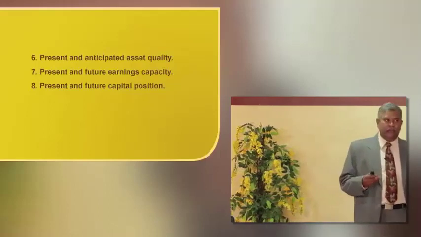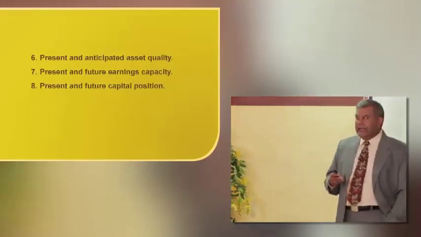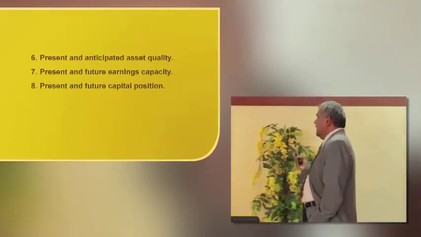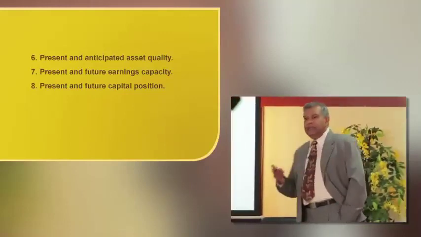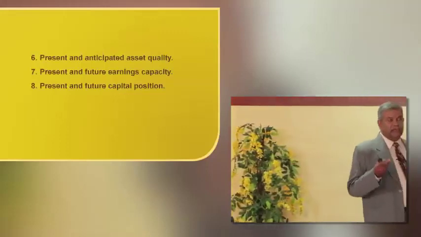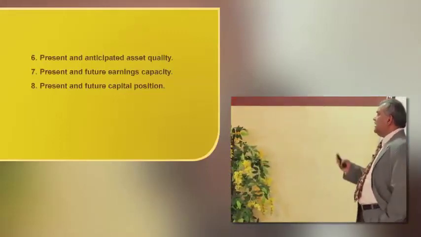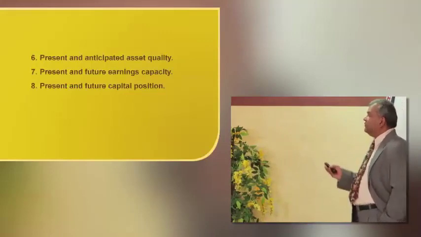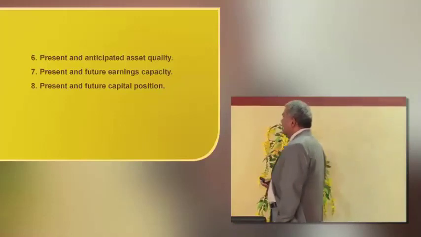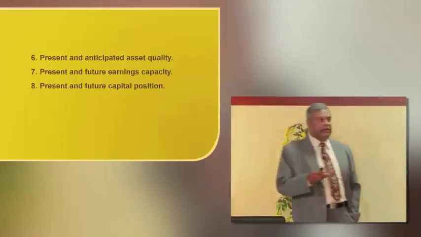When asset quality is good, the chance of liquidation or conversion into cash is very high. If the asset quality is very bad, once it becomes NPA, the bank loses not only the earnings but the cash inflow also. 7. Present and future earning capacity; again this comes from point number 6. If an account becomes NPA, the bank loses the earning capacity on that asset.